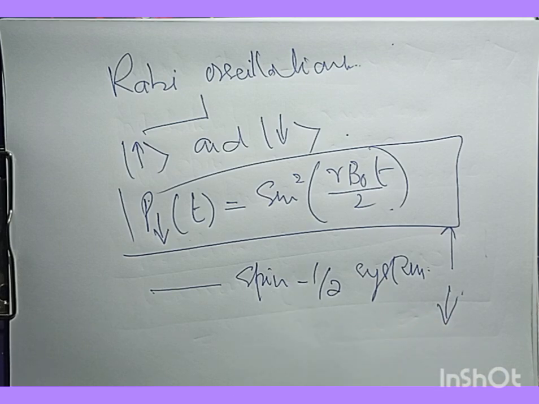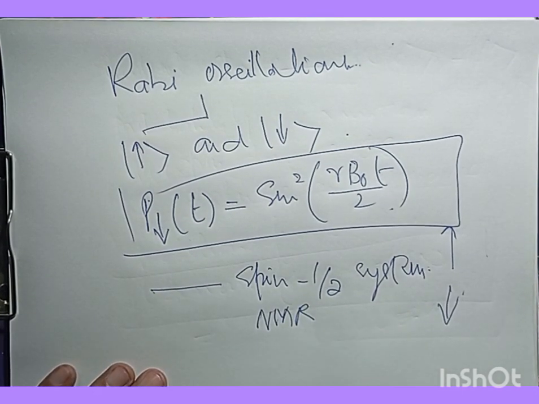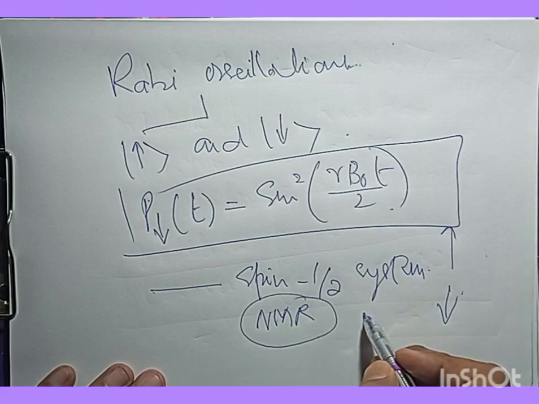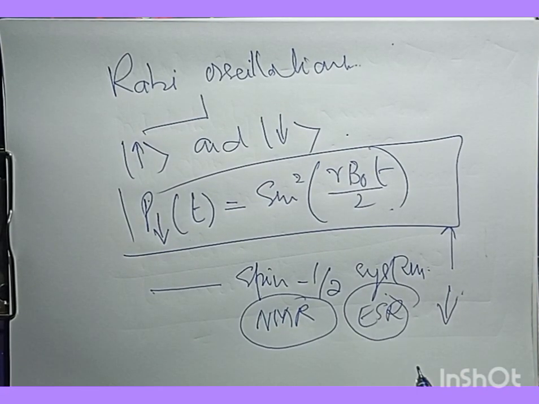Then spin dynamics plays a crucial role in many areas of physics, including quantum computing, nuclear magnetic resonance, also called NMR, and electron spin resonance, called ESR. So with this, I would like to stop this discussion.